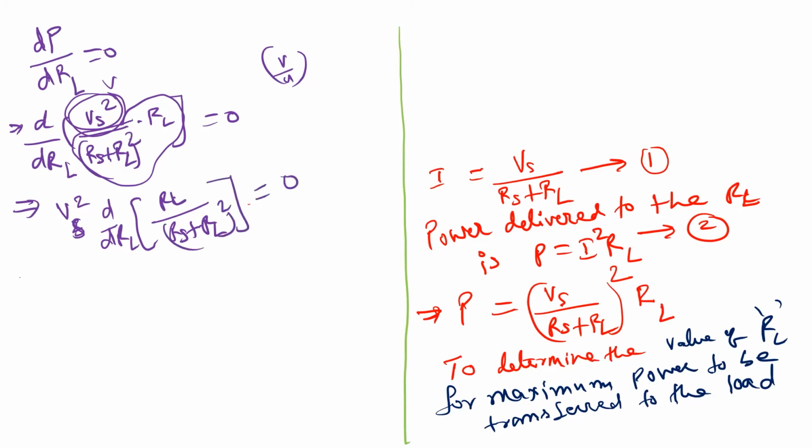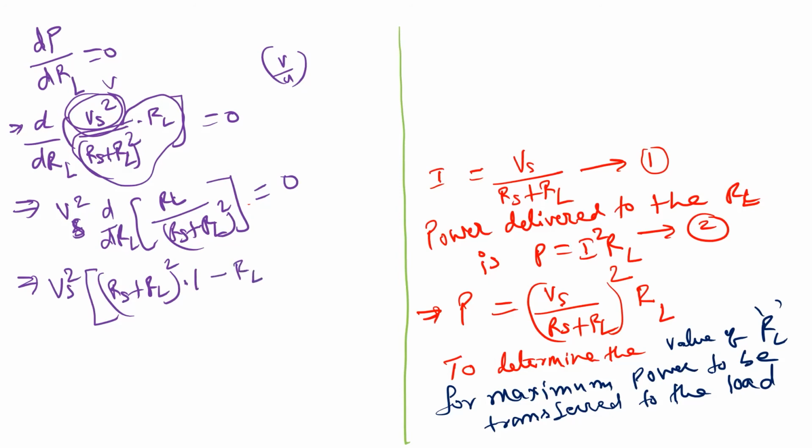Now Vs square is equal to, so first we have to take this one, (Rs plus RL) whole square, and differentiate RL by RL, which becomes 1. Next, RL is a constant.